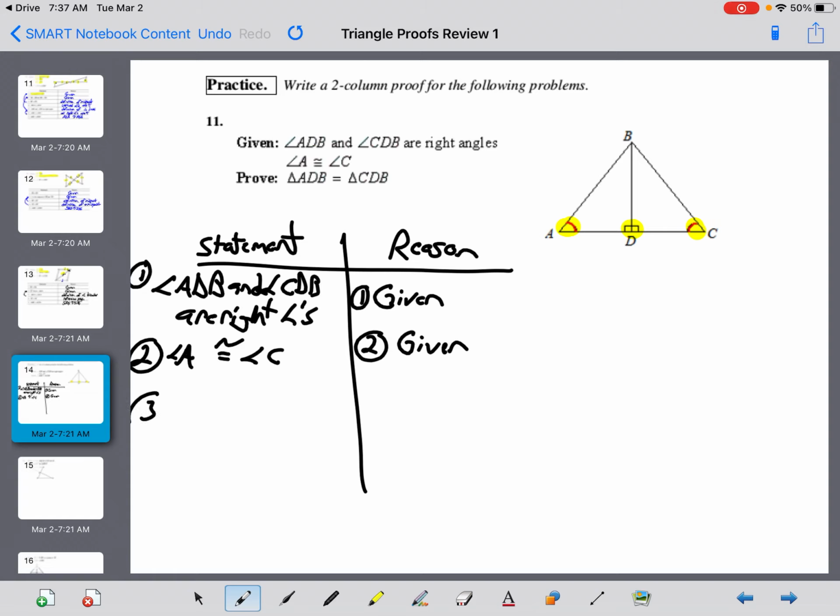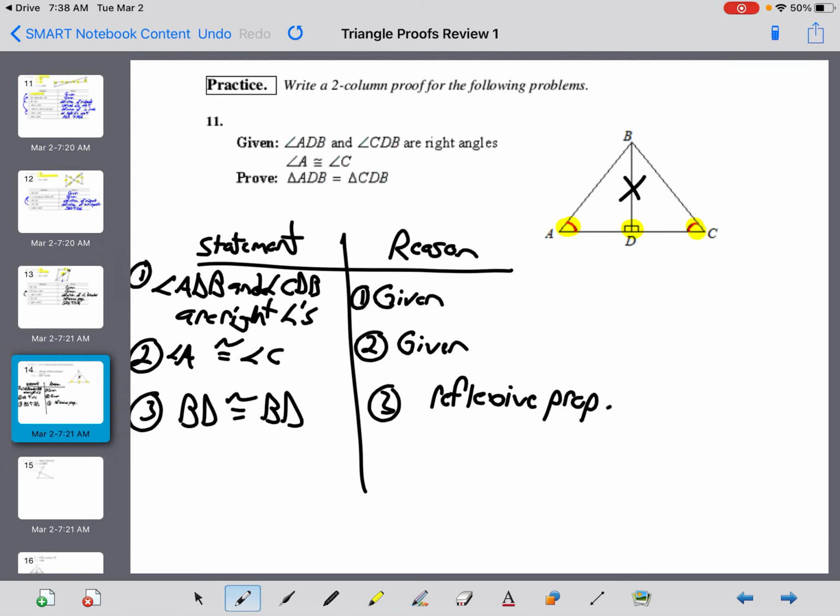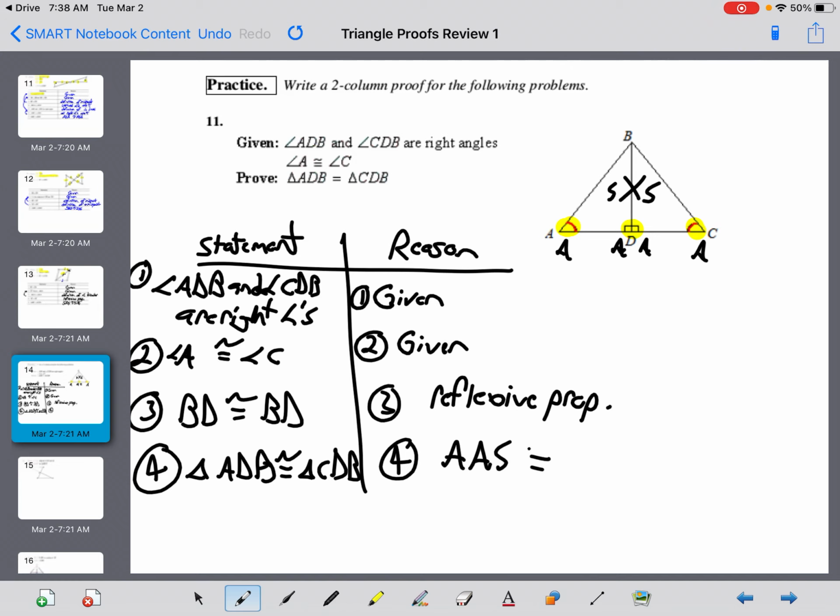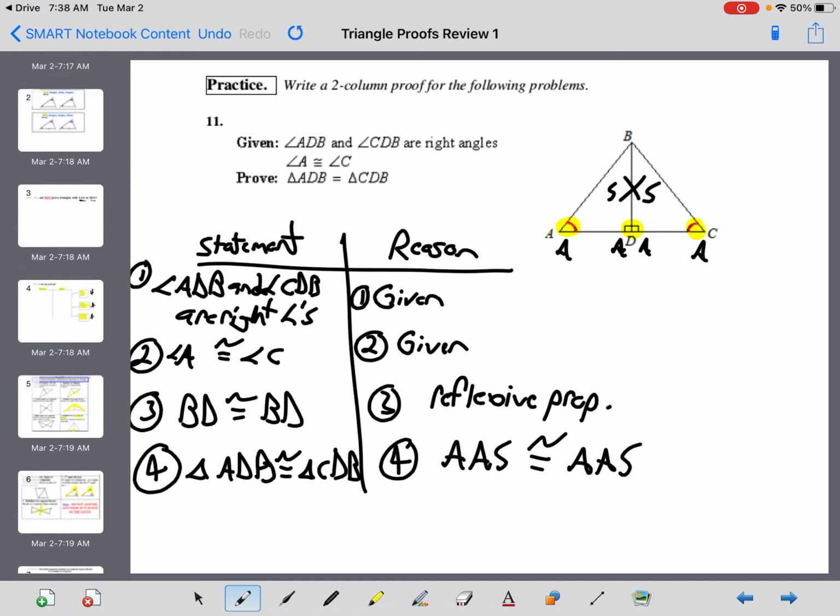Next, you would say that BD is shared by both triangles, so it's congruent to itself, and we call that reflexive. I see angle, angle, side, angle, angle, side. Triangle ADB is congruent to triangle CDB by angle, angle, side being congruent to angle, angle, side. Work on the rest on your own and submit it when you are completed.